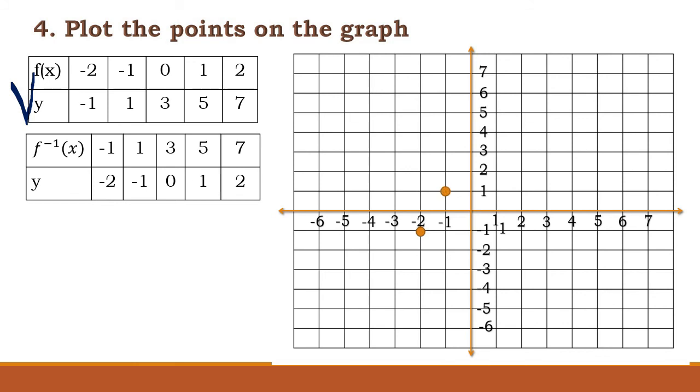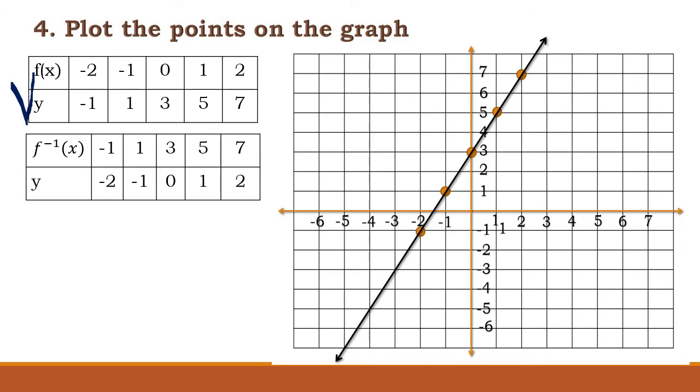Then we have 0, 3, 1, 5, and 2, 7. Let us connect the points by a straight line. That is the characteristic of this graph: the line is straight.